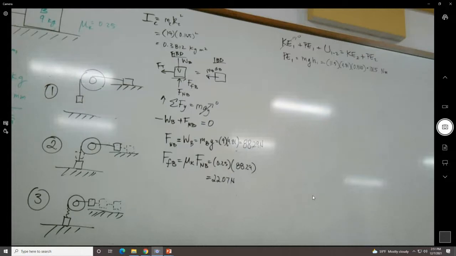It's going to move something. We've got to think about it. I think it's going to move something more. B is going to have some external work done to it because of friction, because we're defining the system as all the pulleys and all the masses together.